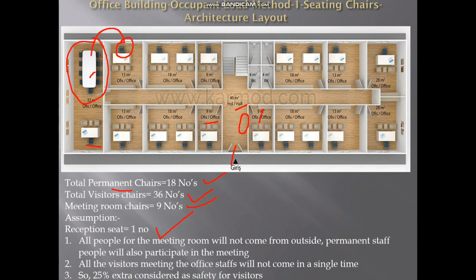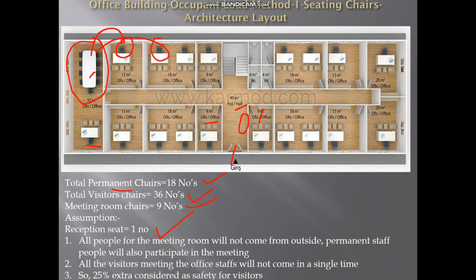So we cannot assume that if there are 9 chairs, all 9 people from outside, I mean new people, will come for the meeting. No, surely the permanent seating people also will attend the meeting. So we cannot simply take all the chairs in the meeting room for the water tank calculation. That's the first mistake we normally see in the design.